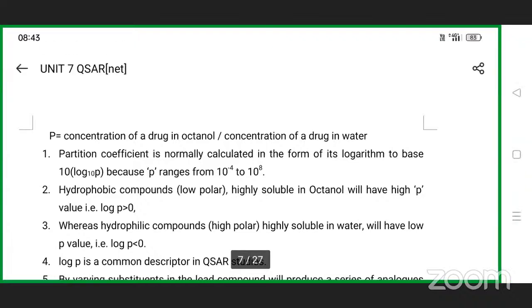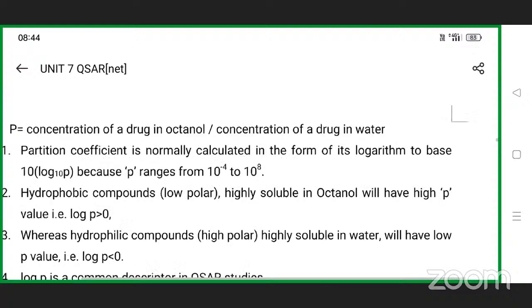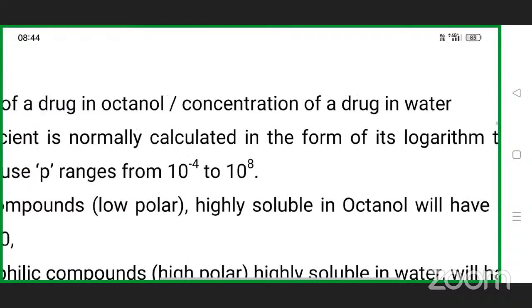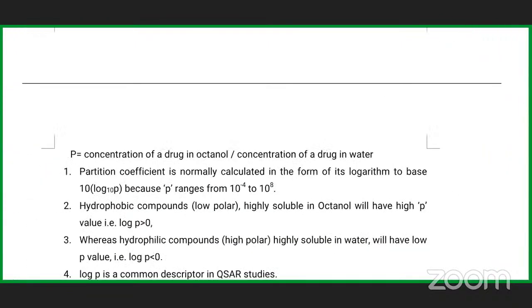This coefficient is normally calculated in the form of its logarithm base 10, log 10 P, and its value ranges from 10 power minus 4 to 10 power 8. Now the consequences here.